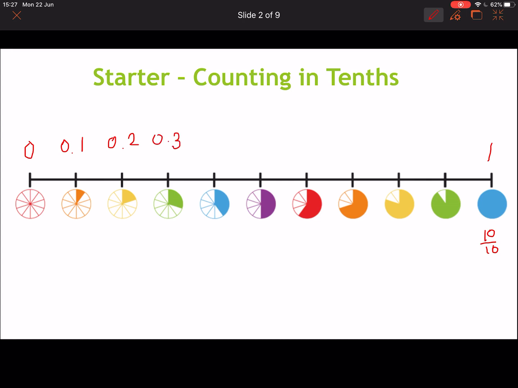Give you some time to finish. 0.4, 0.5, 0.6, 0.7, 0.8, 0.9, 1, which you can also write as 1.0.